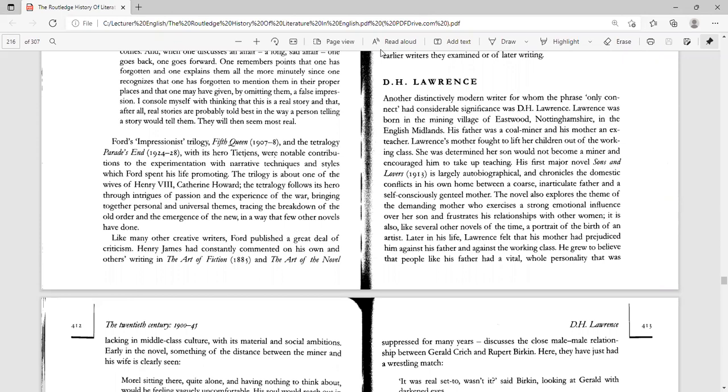It also shows the impact of his mother on the personality of Lawrence, as well as his relationship with her, which is thought in many ways to be the Oedipal complex of the writer.